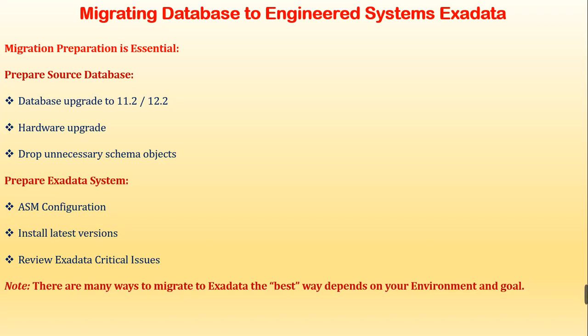First we need to prepare the source database: upgrade to 11.2.0.4 or 12.2.0.1, then hardware upgrade, drop unnecessary schema objects, and prepare the source database side. Then prepare the Exadata system: ASM configuration, install the latest versions of the binaries, cluster binaries, and review Exadata critical issues. So we need to prepare this way to migrate a database to an engineered system.